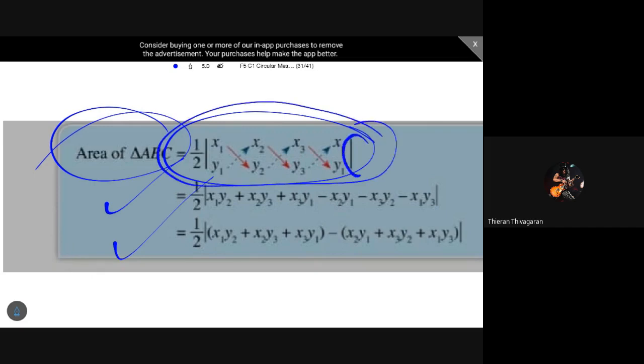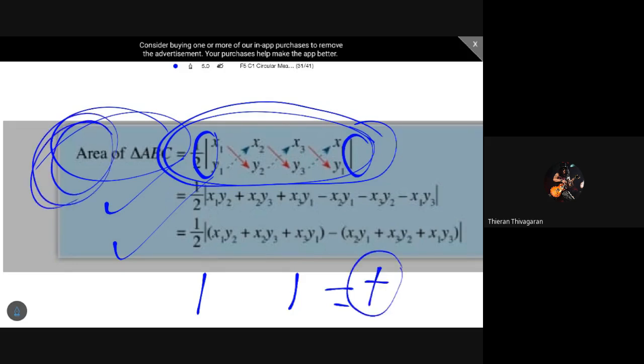Okay guys, this symbol is what? Can you remind me? Palang macam tu, a bar like that. What is this symbol name? Yes, very good, modulus. Why do we apply modulus, guys? Mengapa kita guna modulus kat sini? Yes, positive, to get a positive answer. Because area can only be positive. Luas hanya boleh nilai positif, negatif tak boleh.